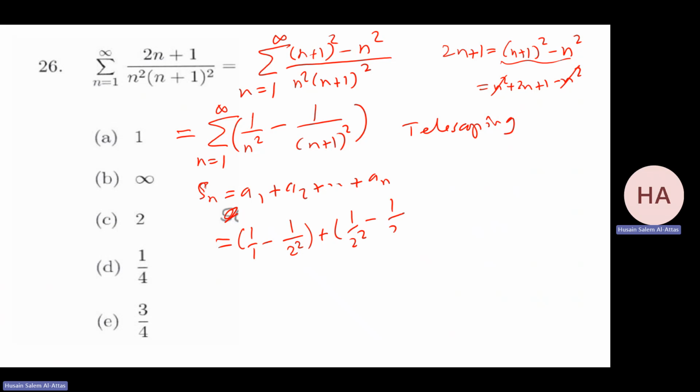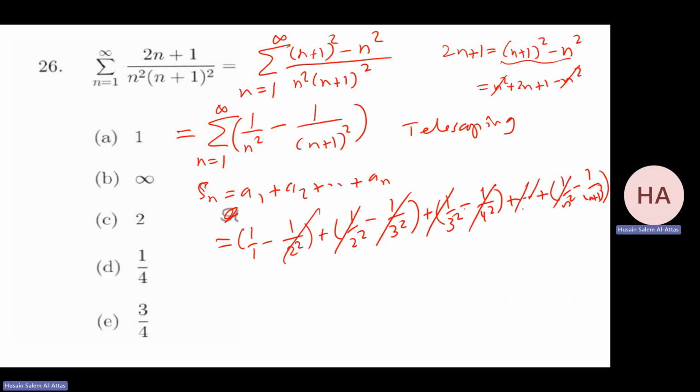Then 1 over 3 squared minus 1 over 4 squared. So very clear, I need the first term and the last term only: 1 over n squared minus 1 over n plus 1 all squared. So this is cancelled, cancelled, cancelled. So Sn will be 1 minus this. So S will be the limit of Sn as n goes to infinity, which clearly is 1. So this will be my answer.